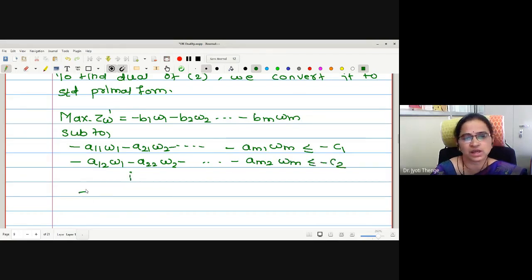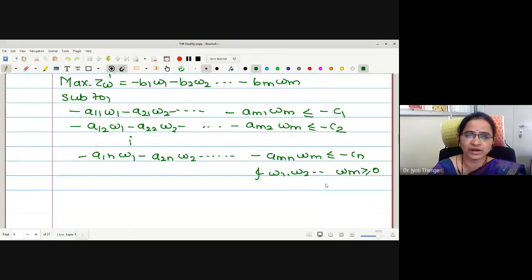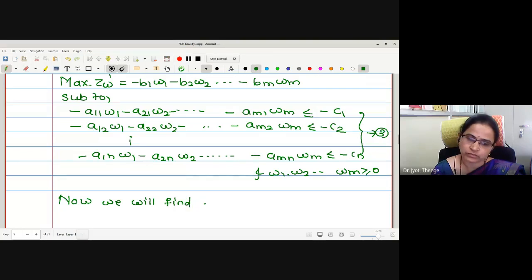Let me continue this, and the last is A1m, A2m, up to Amn, less equal by minus cn, and no doubt w1, w2 up to wm are non-negative. Now this is in our standard primal form. Now we'll find the dual of this system of equations, number 3.